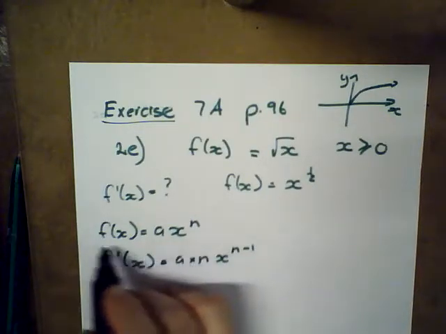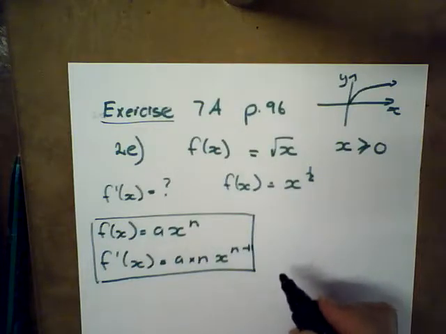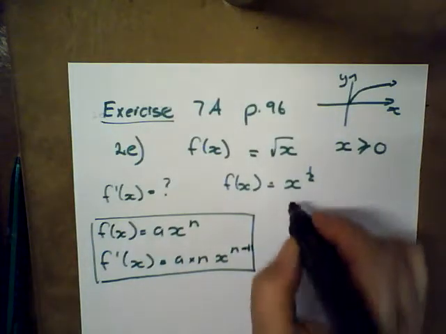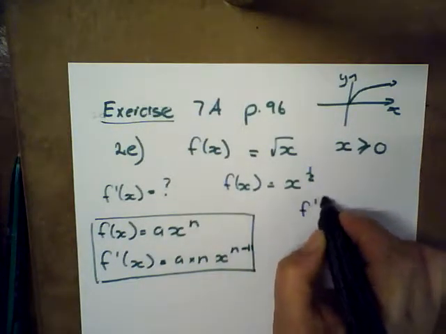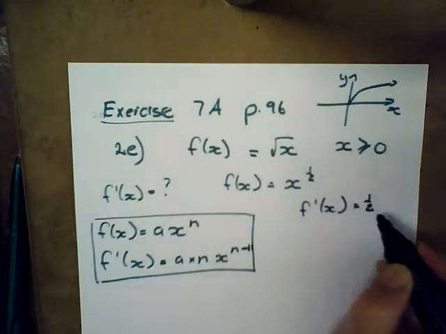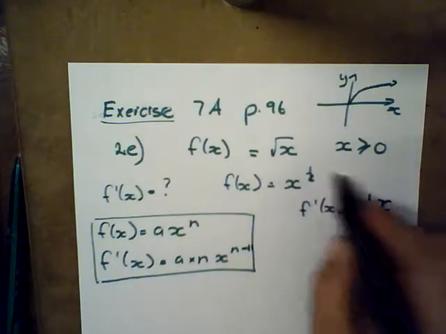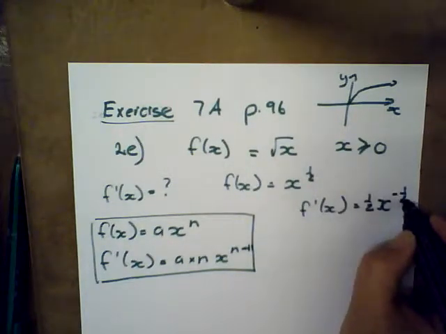Okay, so we need to apply this rule. So f prime will be a half times 1, which would just give me a half x. A half minus 1 would just give me negative a half.